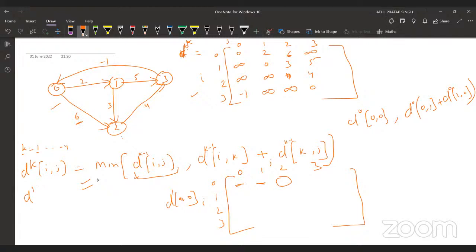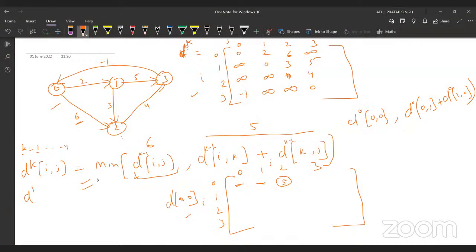The weight is 6, and through node 1, what is the total distance? So for this matrix, we are coming from one vertex every time. First we will check the direct distance, and second we will check the distance through one vertex. So 2 plus 3 is 5, so this value is 6, and this is 5. So the minimum is 5, and we will update this information in the second matrix as 5 here.